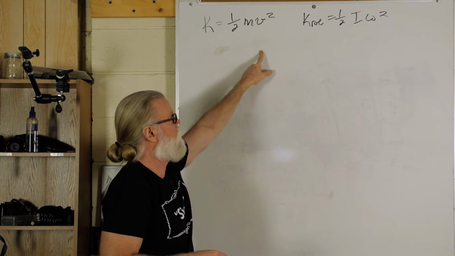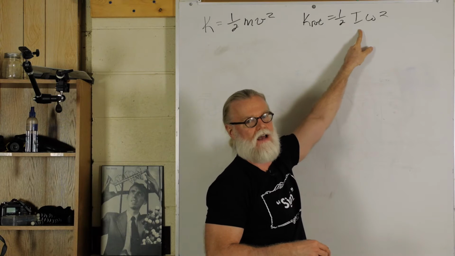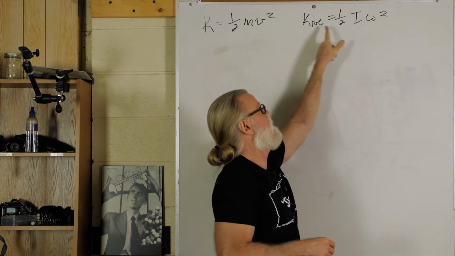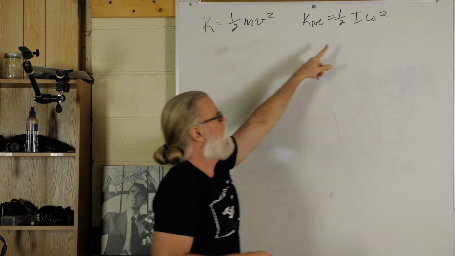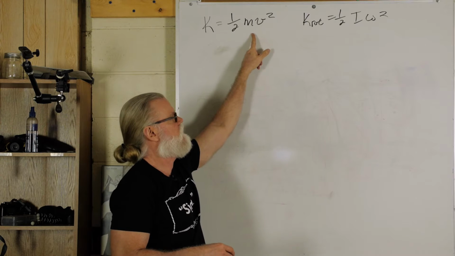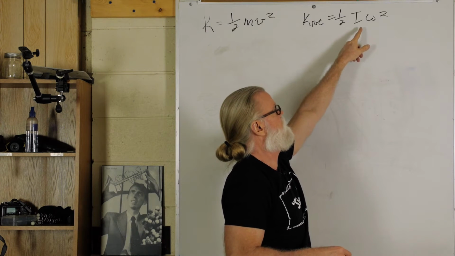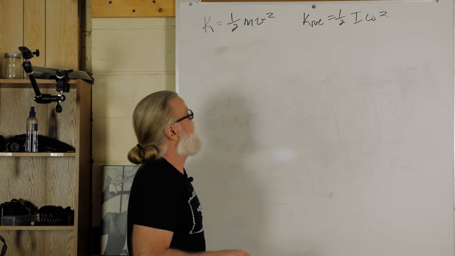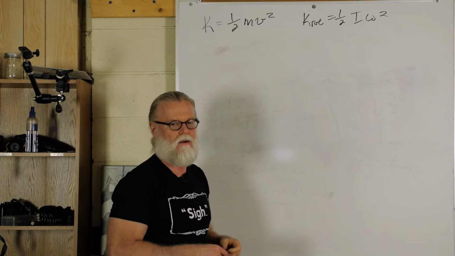And then we saw with rotational kinetic energy, we introduced this new idea of moment of inertia. The rotational kinetic energy is 1/2 I omega squared, where I takes the place of mass for rotation, and moment of inertia replaces mass. And instead of speed, we have angular speed, right?